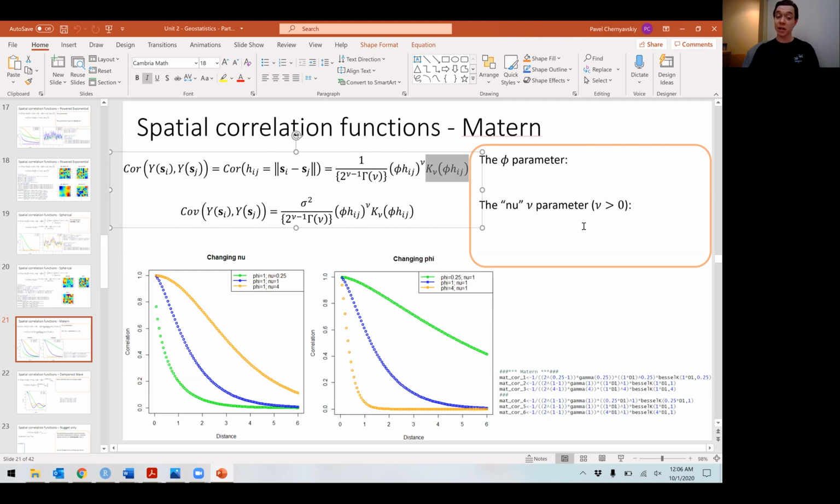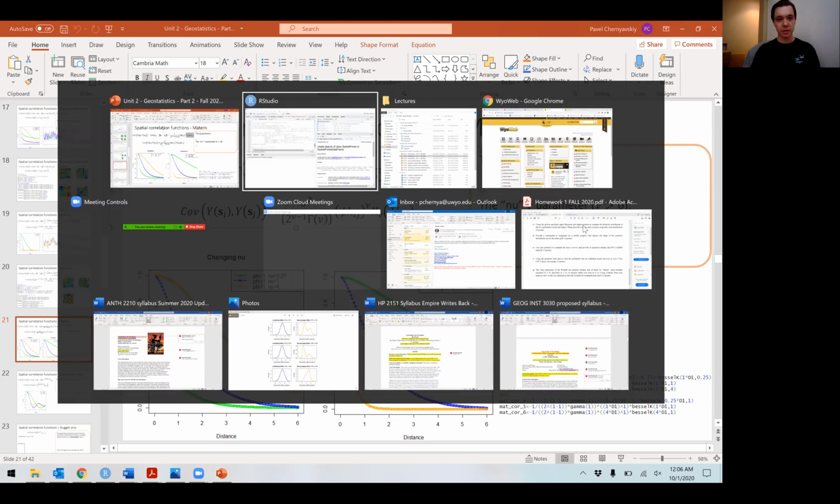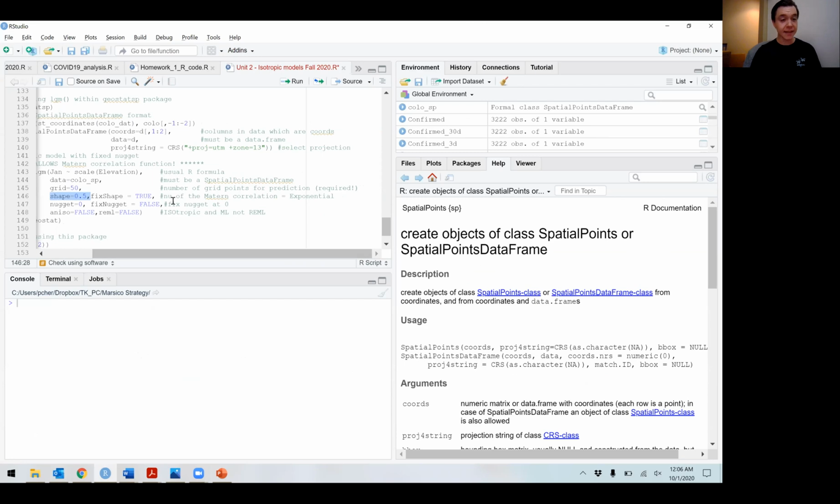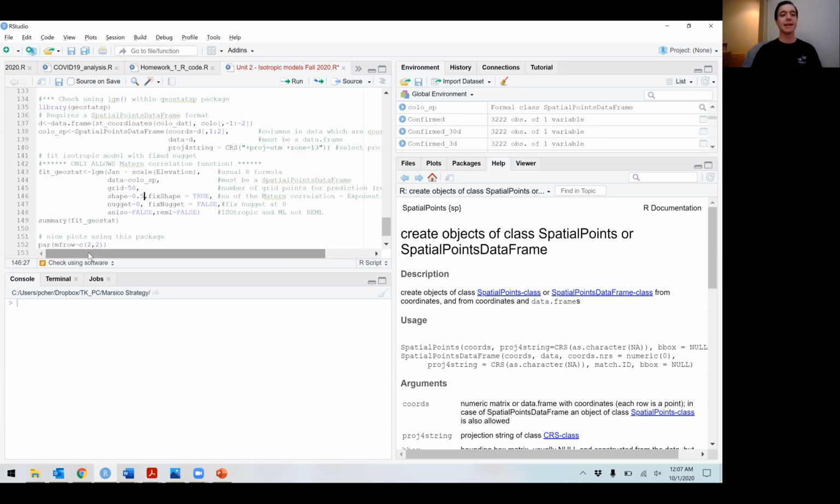However, the Matérn can be used to approximate and represent a whole lot of other correlation functions, specifically using this shape parameter, that's the nu. So I have a comment here that when this nu is equal to 0.5, the Matérn is exactly the exponential correlation function. So I'm fixing this shape parameter nu at 0.5.